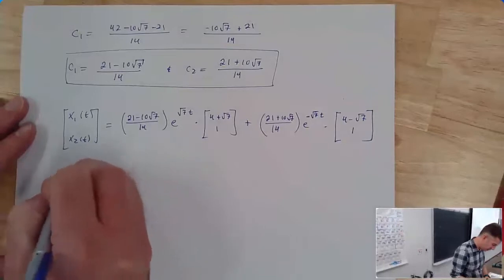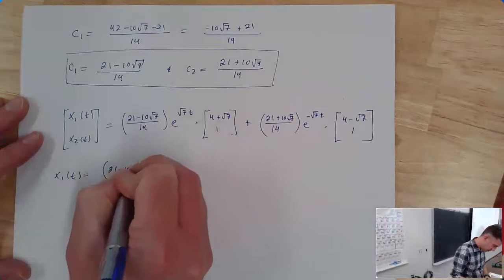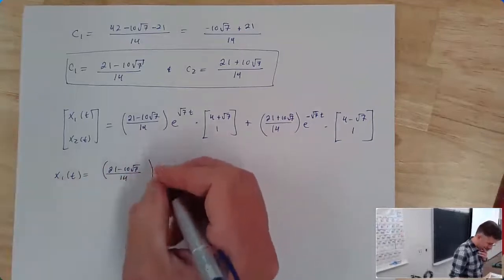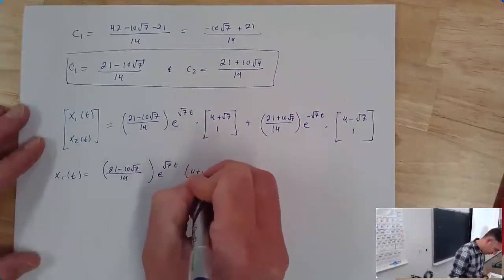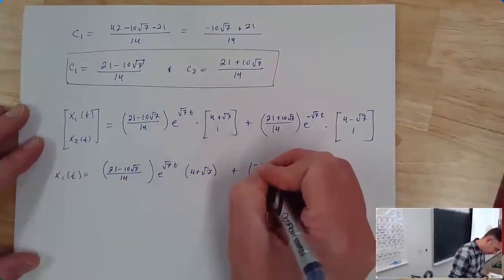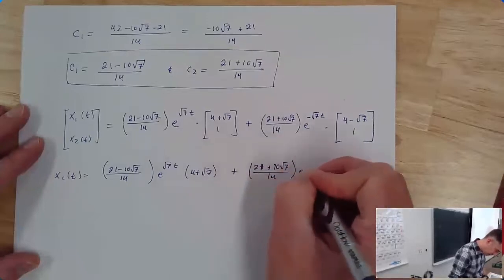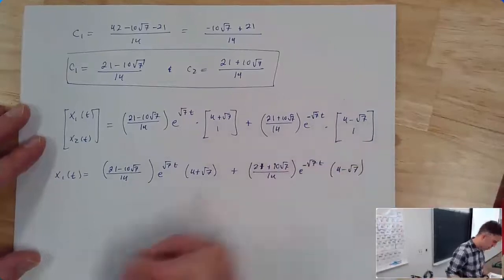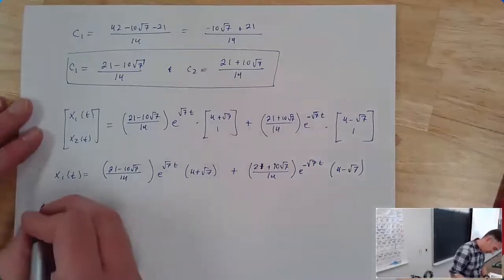The x1 of t would equal this 21 minus 10 root 7 over 14 times e to the square root of 7 times t times 4 plus root 7, plus 21 plus 10 root 7 over 14 times e to the negative root 7 t times 4 minus root 7. And then the same sort of thing for the other one, which I guess I could write down.